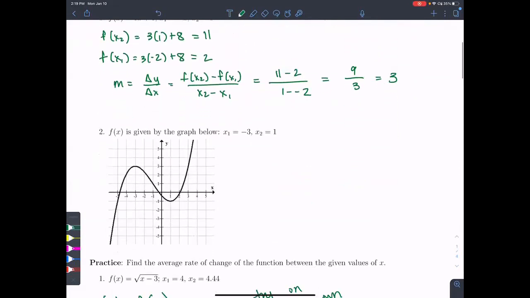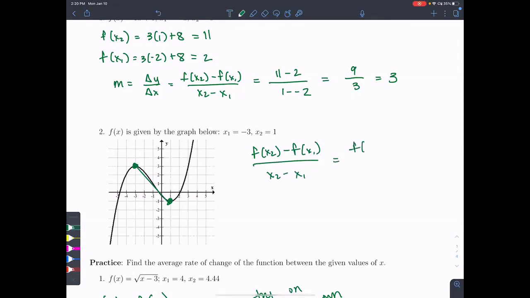All right, so then graphically, you can do the same thing. Look at x1 equals -3, so we're up here, and x2 equals 1, so we're down here. And we're looking at the slope of this line. So you're going to do the same thing, f of x2 minus f of x1 over x2 minus x1.